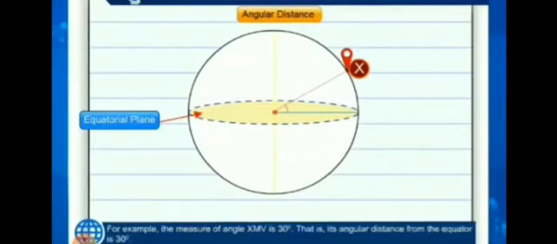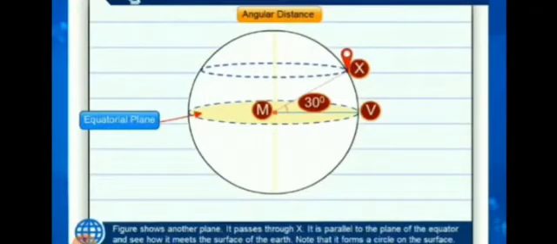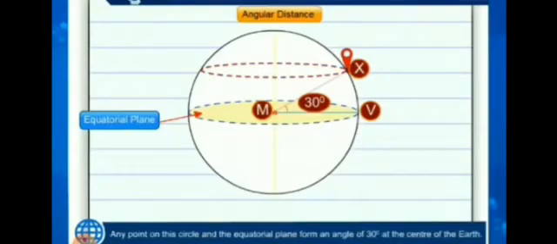For example, the measure of angle XMV is 30 degrees, that is, its angular distance from the equator is 30 degrees. The figure shows another plane. It passes through X. It is parallel to the plane of the equator, and observe how it meets the surface of the earth. Note that it forms a circle on the surface. Any point on this circle and the equatorial plane form an angle of 30 degrees at the center of the earth.